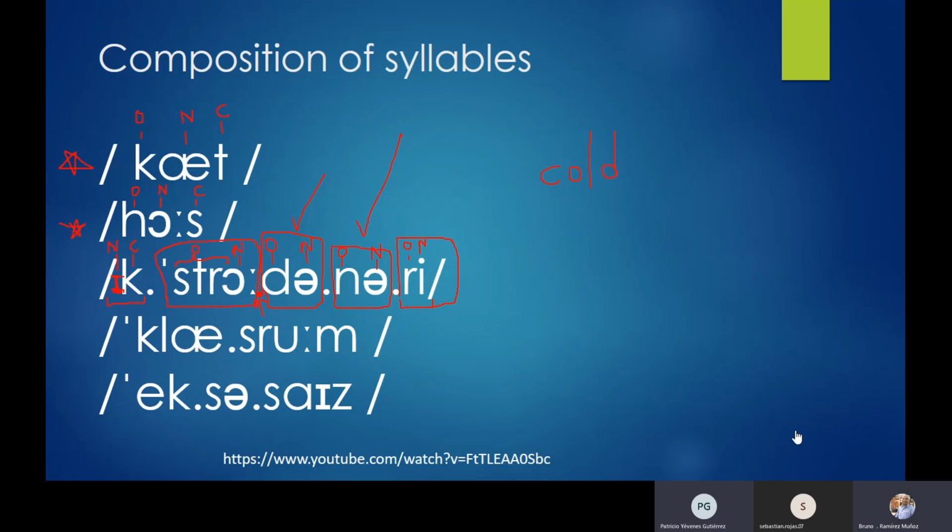In the word cold, how many syllables can you identify in this word? One. Exactly. This is a one-syllable word. What else can you say about the composition of the syllable?